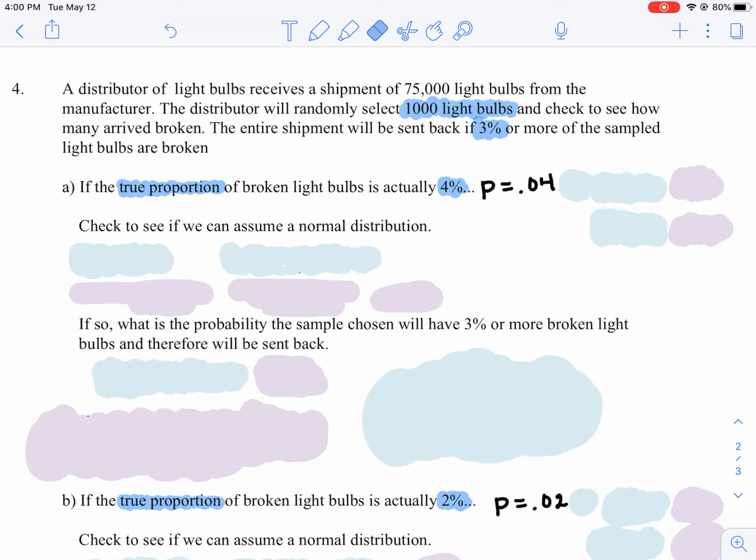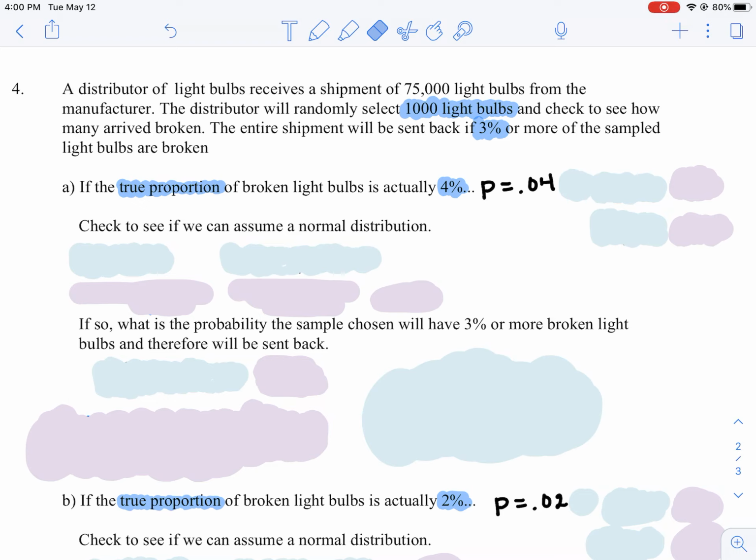Leading into that, first, before anything, we can't use our normal CDF to determine probabilities if it's not a normal distribution. So what I'm going to ask you to do now is check to see if we can assume a normal distribution. And what we do when we're talking about sampling distributions of sample proportions is we use these two parameters.